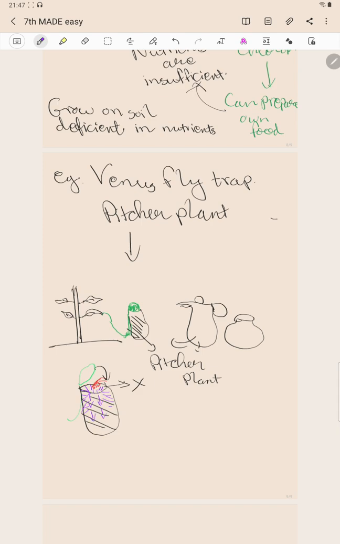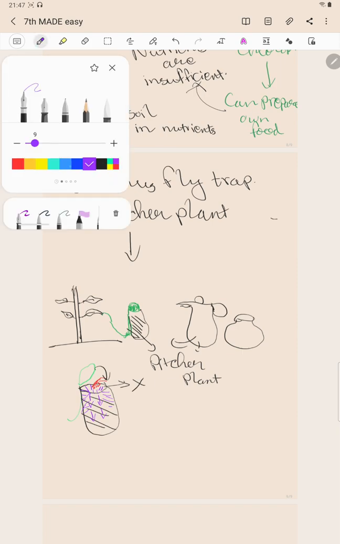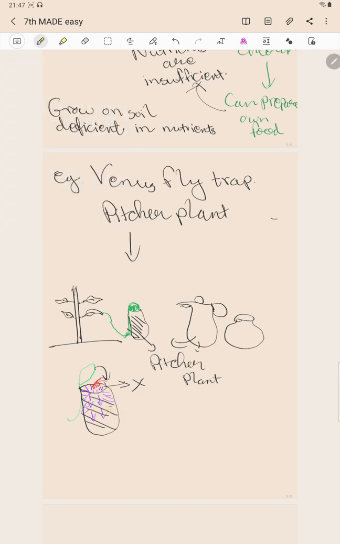All along this path, secretions are being released from the pitcher. These secretions digest the insect and release the nutrients, which are then absorbed by the plant. So the plant gets the nutrients from the insect.